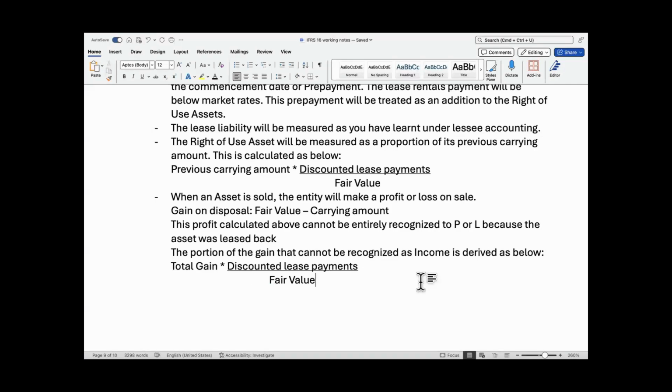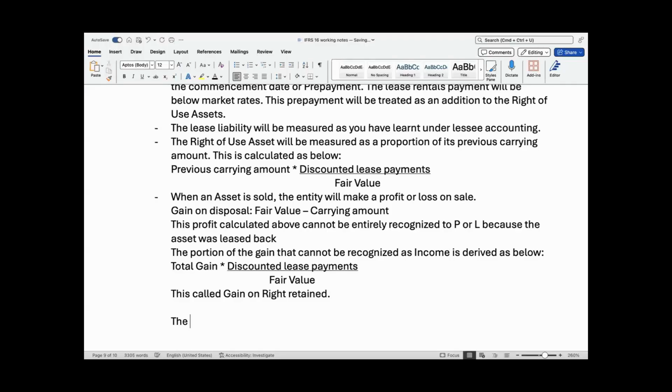So this is called gain on rights retained.